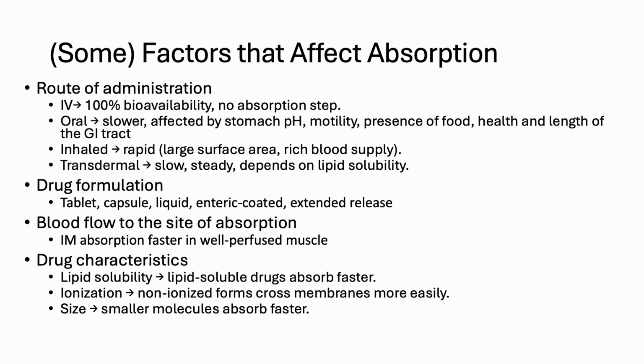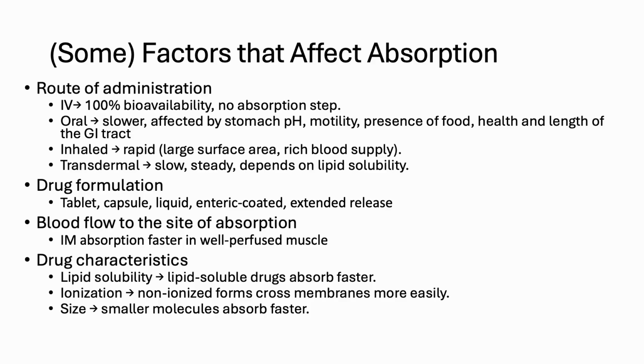The perfusion to the site of absorption affects the speed of absorption. For extremely well perfused tissue, absorption is going to be faster because, like I said before, the drug molecules are traveling through the layers of skin, let's say. And if it's traveling through muscle, muscle is extremely well perfused.